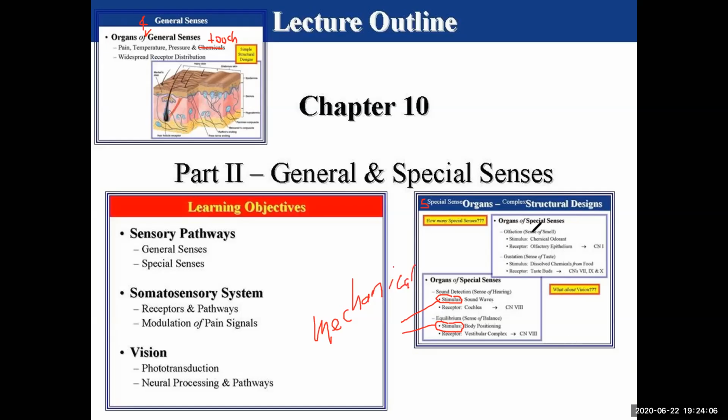Whereas for the sense of smell and sense of taste, the stimulus is chemical, so they deal with chemical stimuli. Mechanical stimuli versus chemical stimuli.